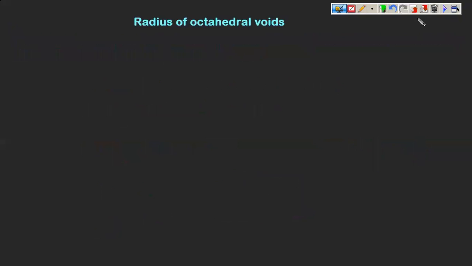Now we will calculate the radius of octahedral voids. This is again an important topic. How can we calculate the radius of octahedral voids?